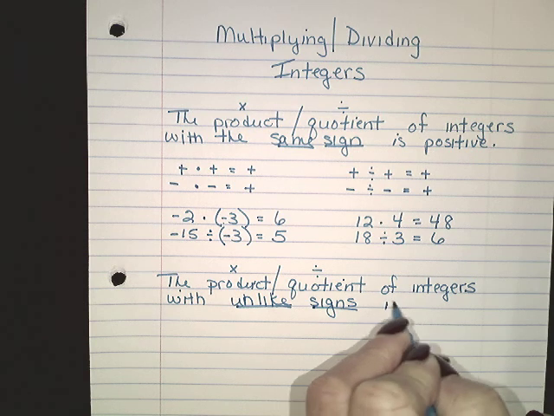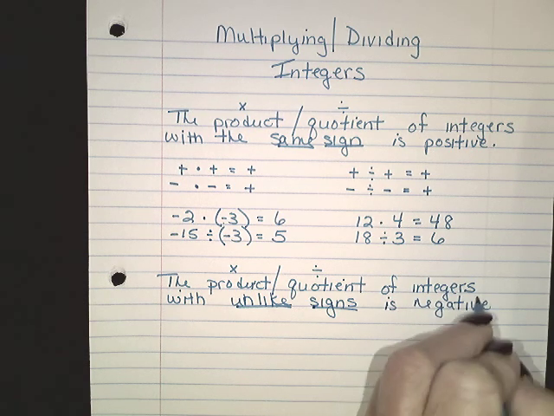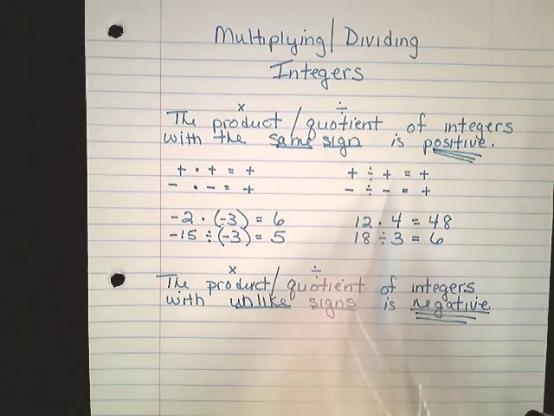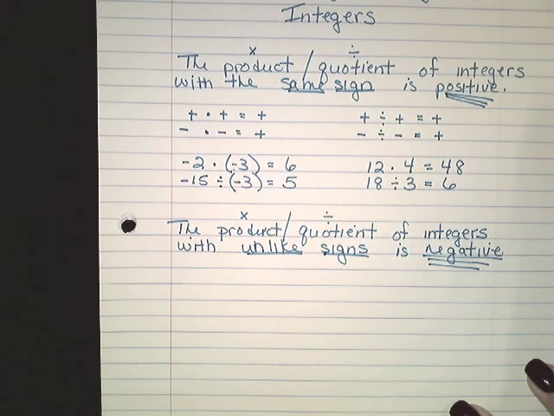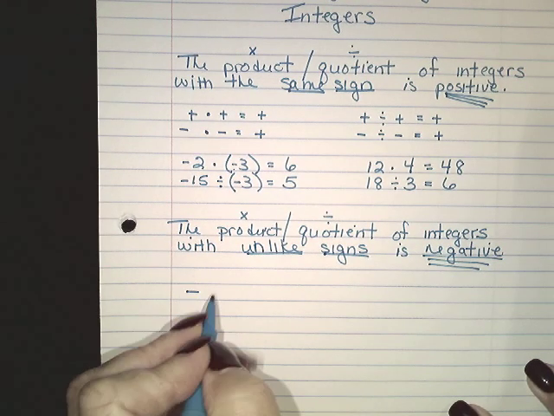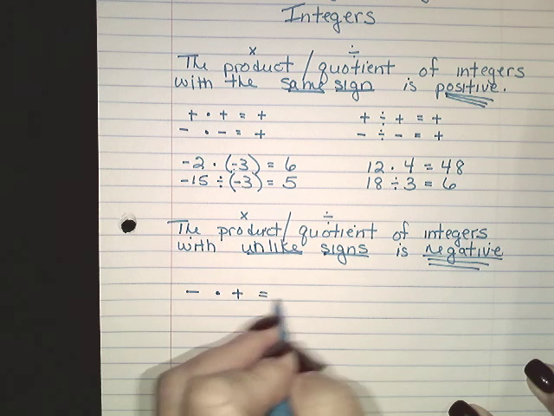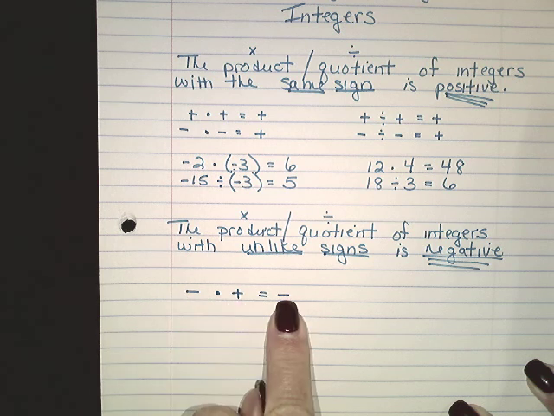Is negative. Okay, it's going to be negative. So we would have a negative times a positive. It's going to give me a negative. These are unlike signs. It's going to give me a negative.